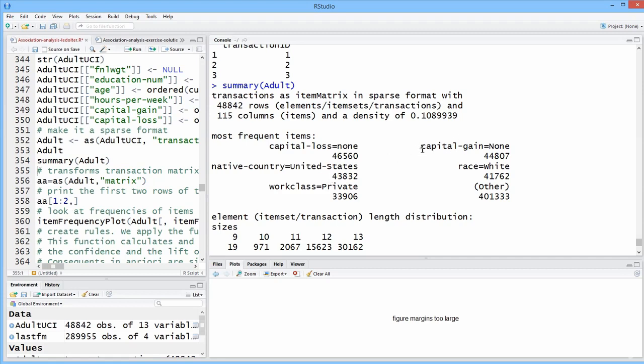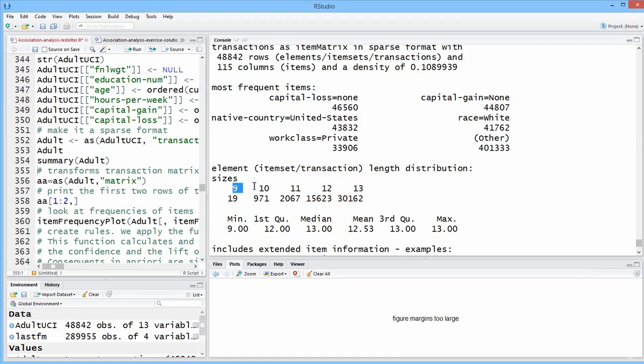Next most, column 1, capital gain, none, most of the records. Then this one, remember what I was talking about? We had 15 columns. I think, I read this, the 115 is a reflection of the different combinations of levels measured as binary variables.